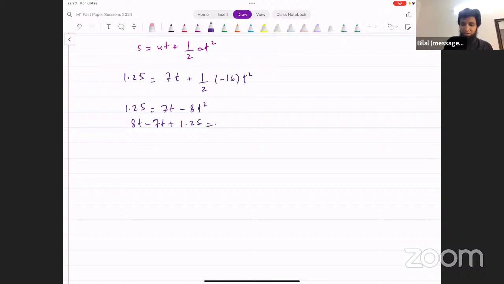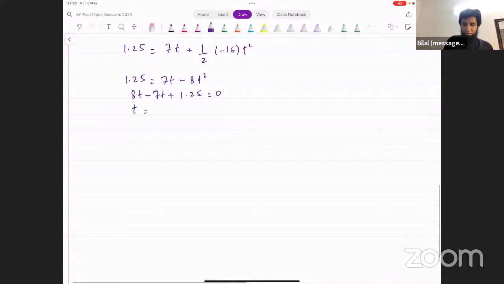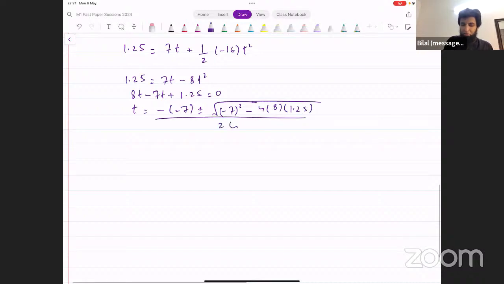Just put these values in the quadratic formula: minus of minus 7 plus minus square root of minus 7 whole squared minus 4 into 8 into 1.25, whole divided by 2 into 8. And that will give you some value for time. Let's see what this gives us.